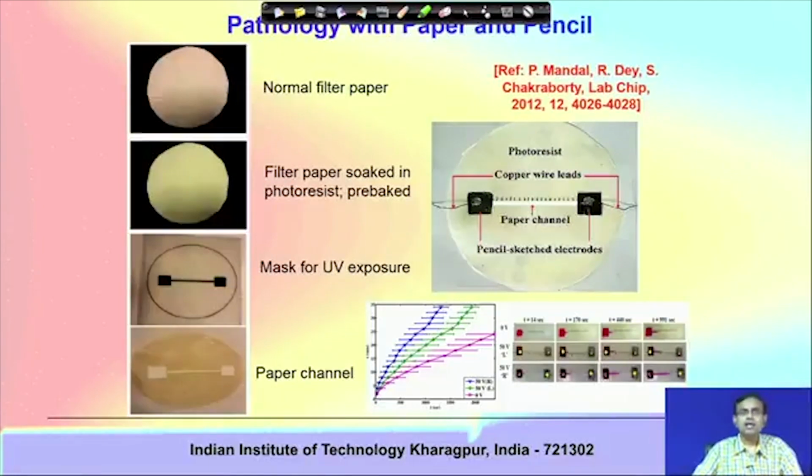So, what you can do is make microchannels on the paper. To make microchannels on the paper, you can use a very traditional technique like photolithography, which is a very common procedure for the semiconductor industry.